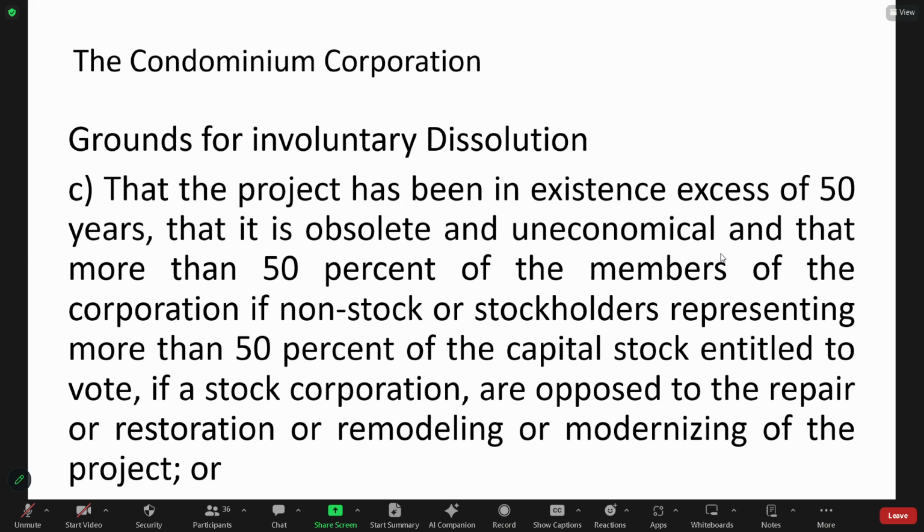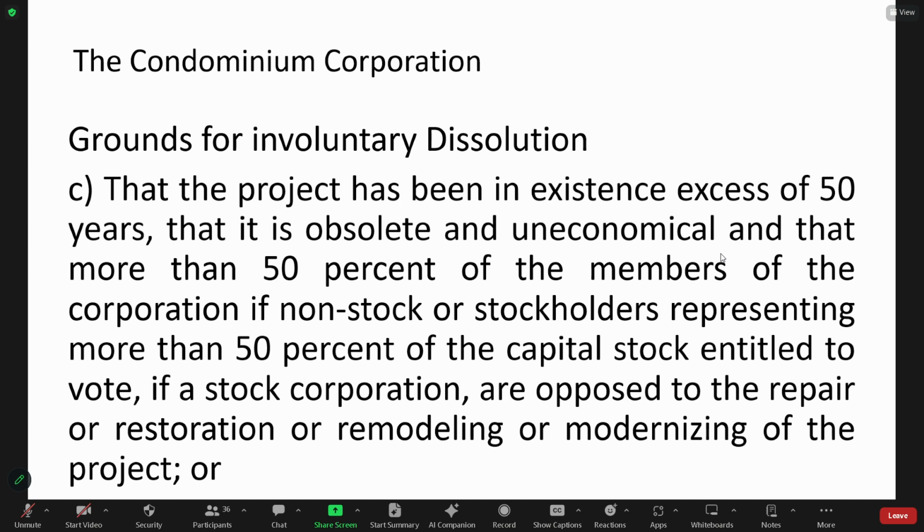Tapos, in short, 51% of the members dito, kasi more than 50 eh. 51% or more ng members kung non-stock, 51% pa rin or more kung capital stock, meaning meron kayong shares.